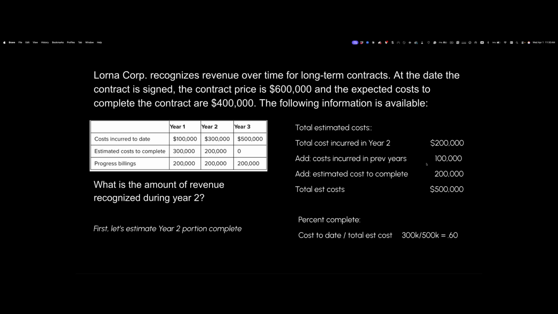So far, we've expended $300,000 of the total $500,000, or 3 over 5 is 0.6. We're 60% of the way done at the end of year two.